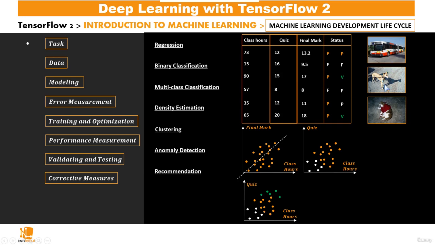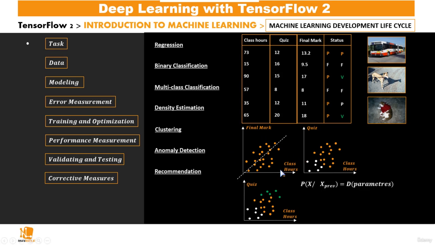So here we have this dog, cat, and train. Now, when given an input, say a cat, we want to be able to say whether that's a cat, a dog, or a train. So when given a task, it's important to know whether we are dealing with a classification problem or not. Let's move on to the density estimation task.